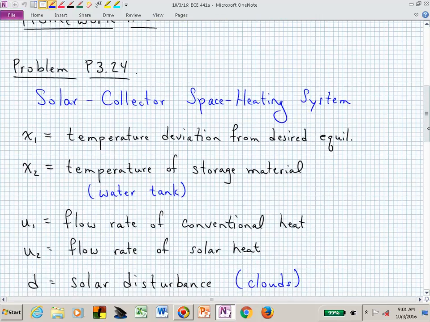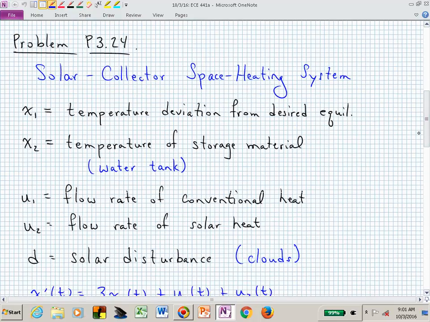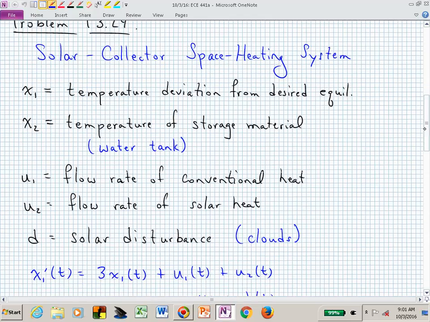Homework number 3, problem P3.24, is about solar collectors, and you don't even really need to know any of that, but I've provided that information. One state is a deviation state. It's the temperature deviation from the desired equilibrium, and x sub 2 is the temperature of the storage material, which could be water.